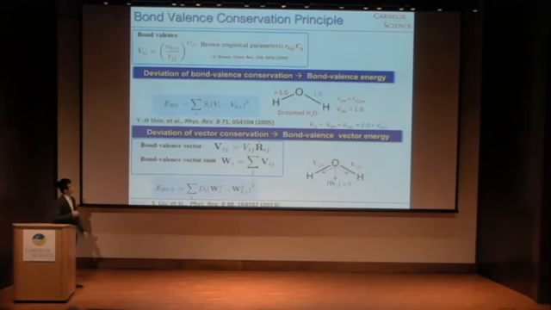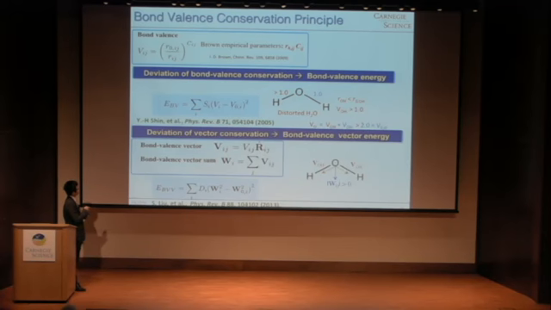So our model potential is based on two conservation principles in bond valence theory. Bond valence is a very useful empirical concept that describes the bonding strengths. We can calculate the bond valence from the bond length. R0 and B are Brown empirical parameters. They are already available for many different atom pairs. The bond valence conservation principle states that the bond valence sum around an atom should be equal to its atomic valence.